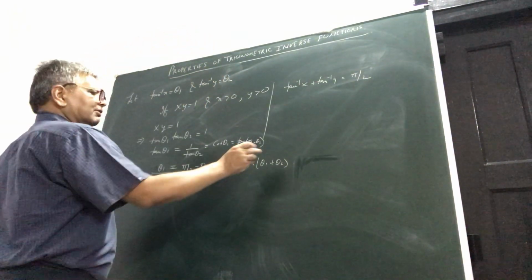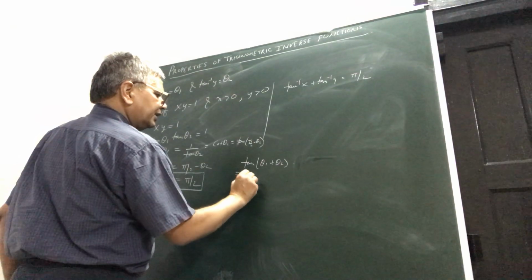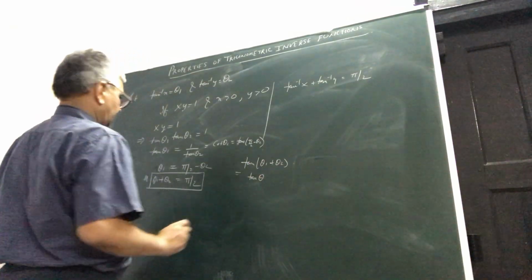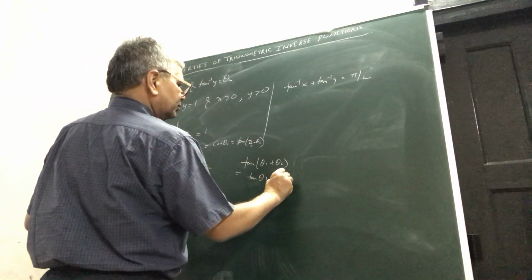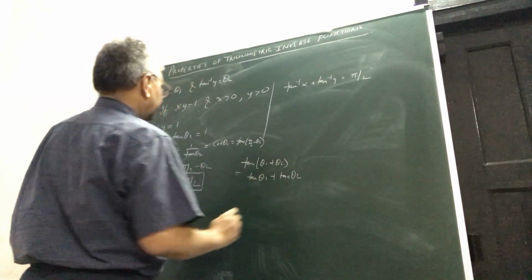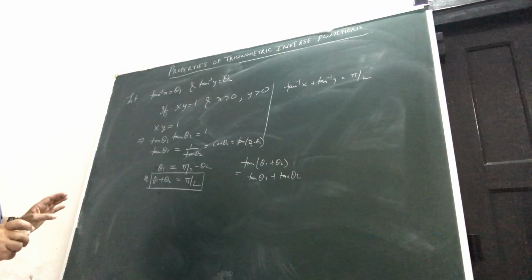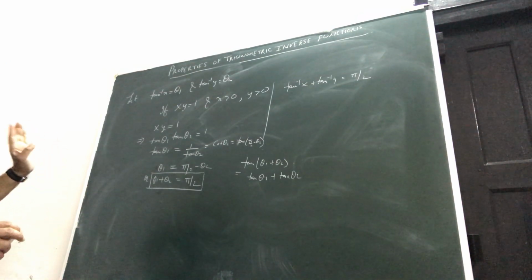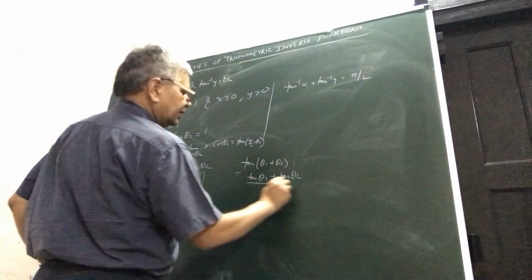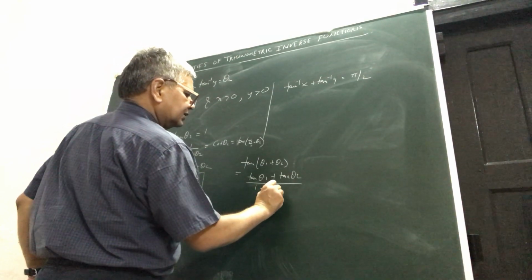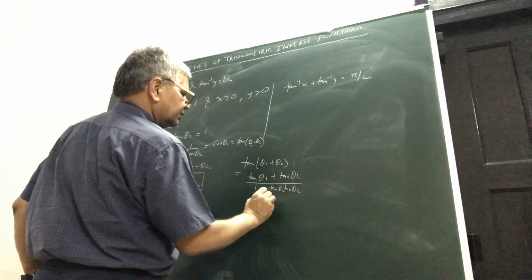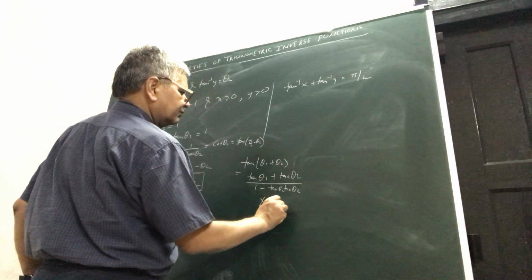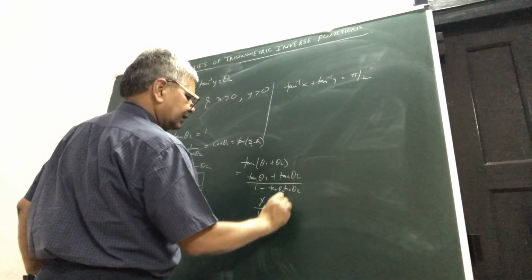It will be tangent theta 1 plus tangent theta 2, upon 1 minus tangent theta 1 tangent theta 2. So effectively you are getting x plus y upon 1 minus xy.